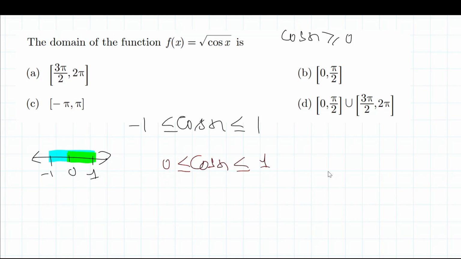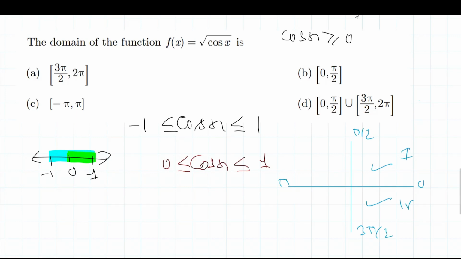Now for this to happen, that means cos being positive, we know that cos is positive over here and here, that is in the first and fourth quadrant. So this is 0, this is pi by 2, this is pi, and this is 3 pi by 2.